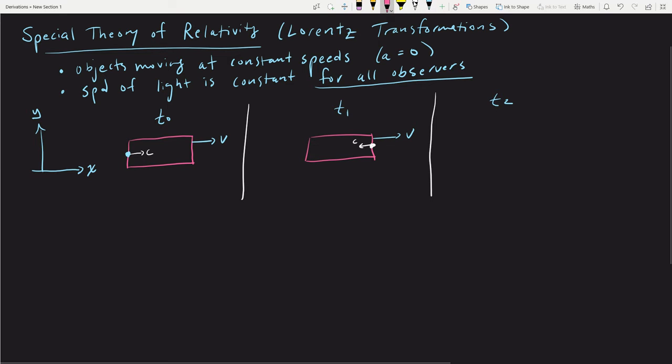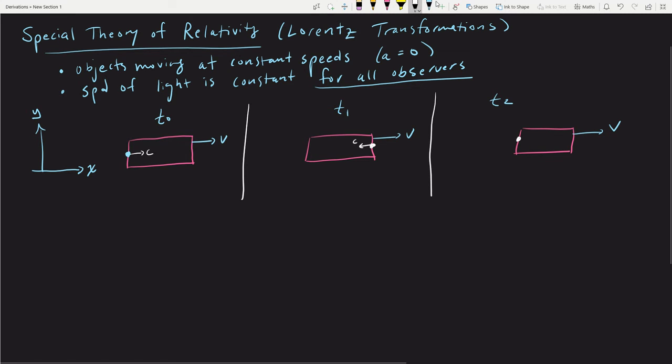And then finally over here, it's at a further position, and then the photon is back at the beginning again. And this thing is still moving at v. We want to look at these interactions. Now, we've already said the speed of light is constant for all observers.